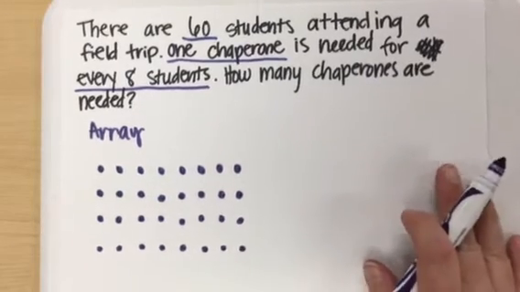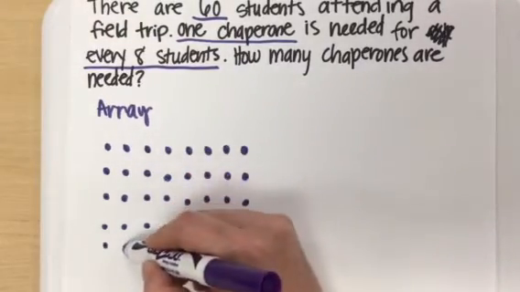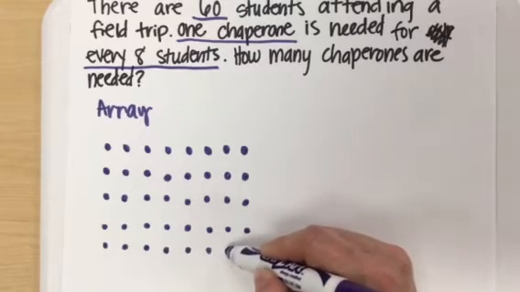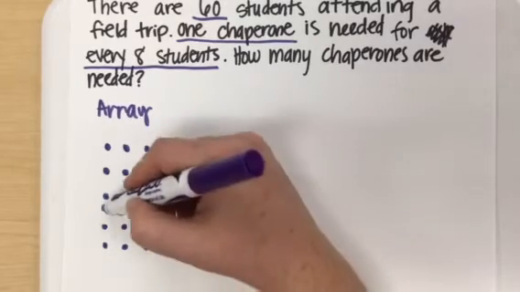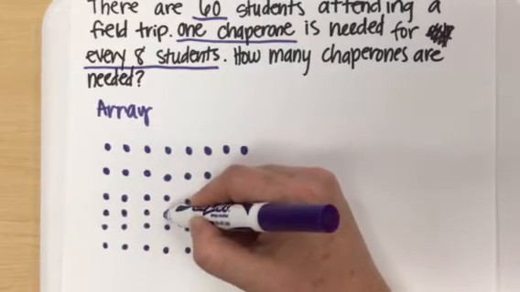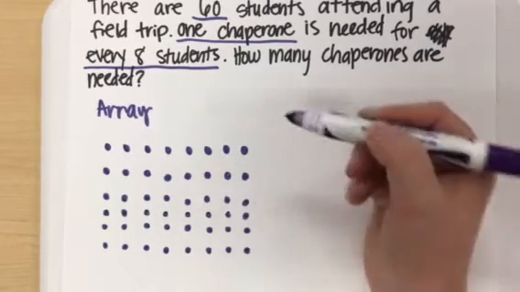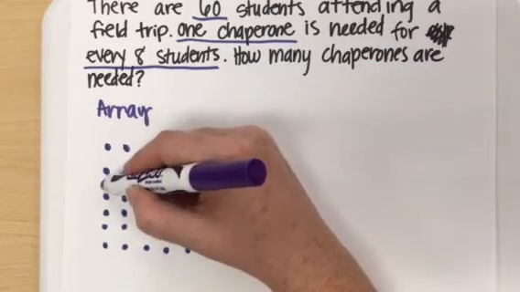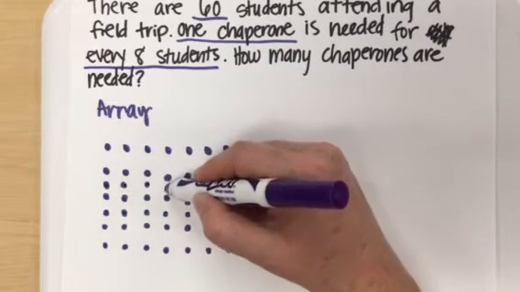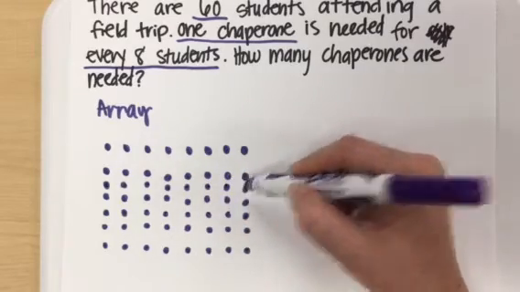I want to get all the way up to 60. Let's move that up. 33, 34, 35, 36, 37, 38, 39, 40. I'm going to start filling in a little bit because I'm running out of room. 41, 42, 43, 44, 45, 46, 47, 48, 49, 50, 51, 52, 53, 54, 55, 56.